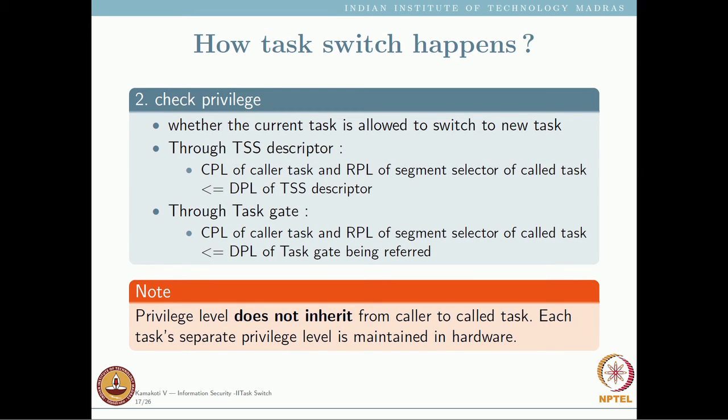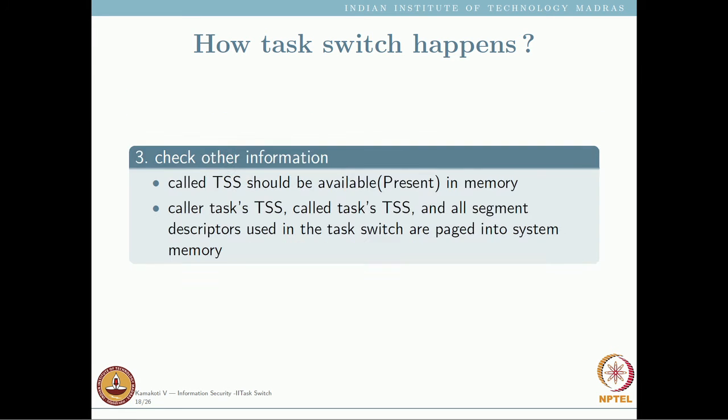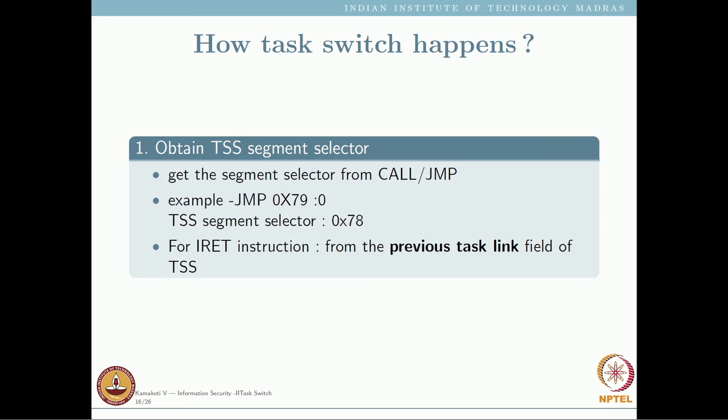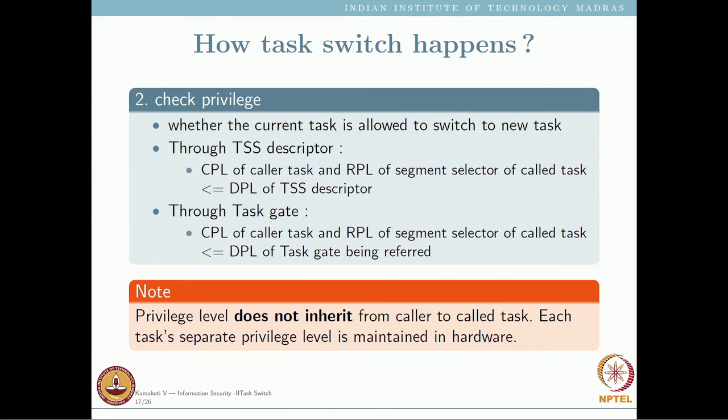Then after doing this, I go and check the privilege. Now, let me say that I am going to go to 0x79. What is 0x79? It can be a TSS descriptor or a task gate, only then is the task switch going to happen.